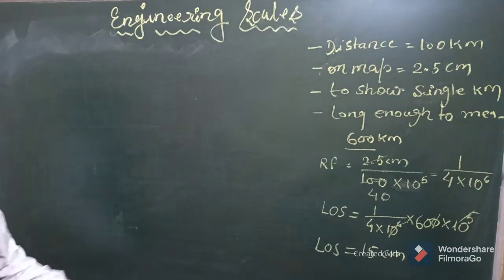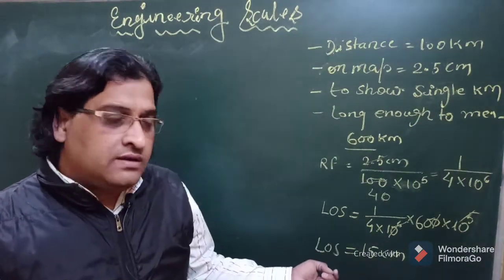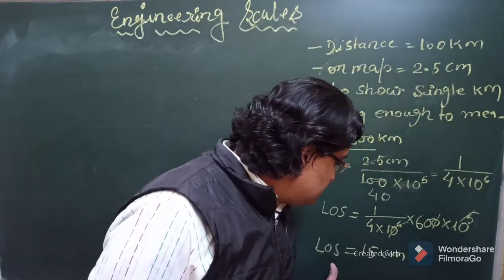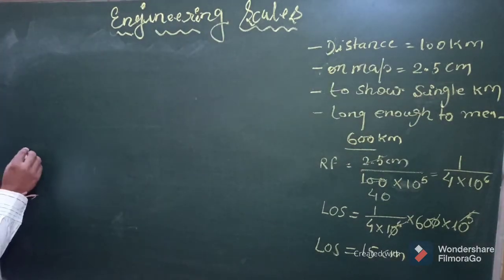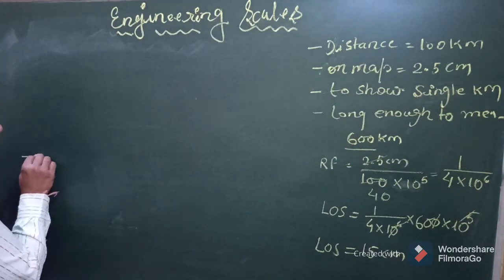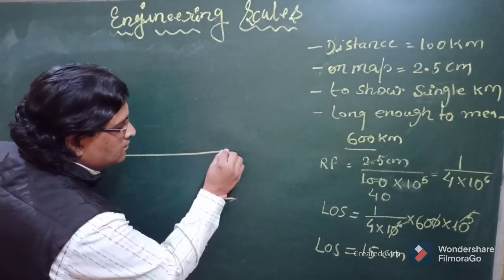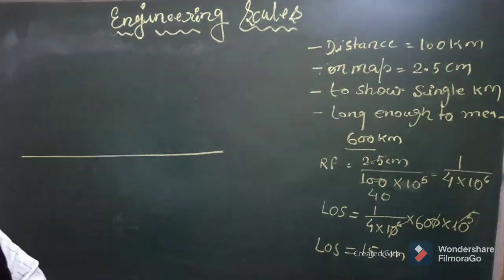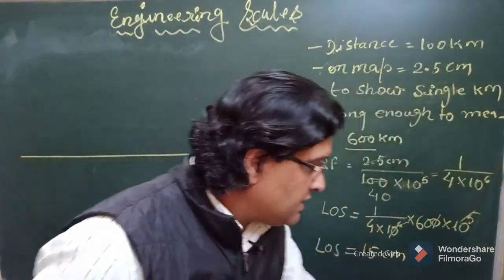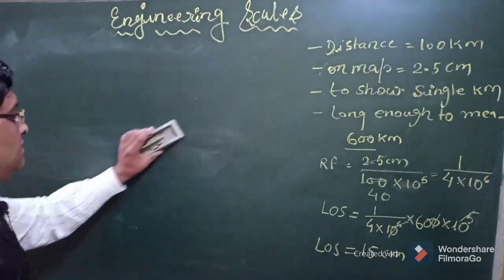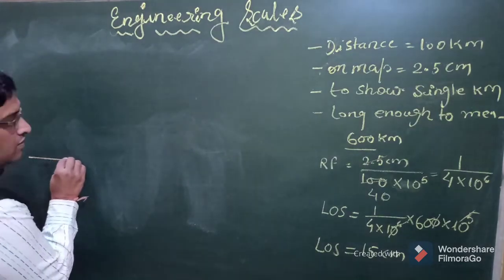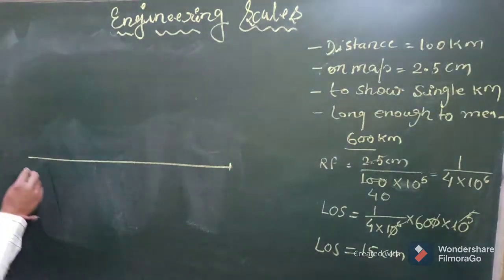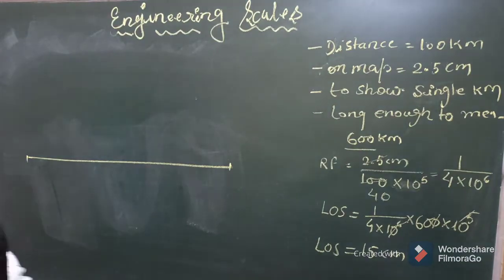Now, as we have done in the plane scale also, just draw a line of 15 centimeter here, which will represent 600 kilometer.